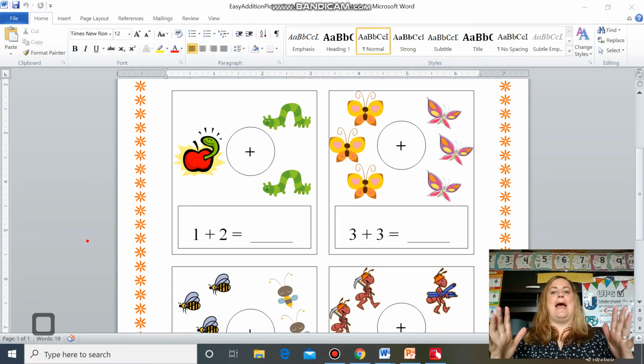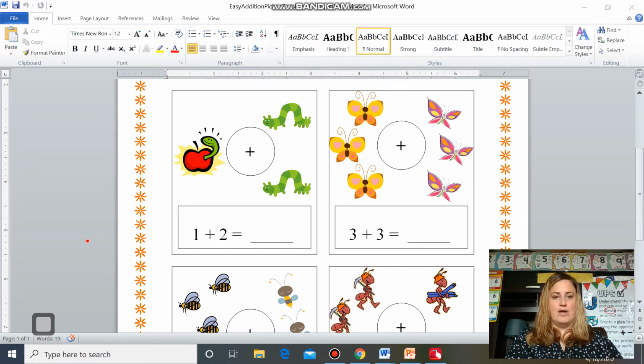So in order to add them together, we're going to count the objects all together. We're putting them together. That's what addition means. So I have 1, 2, 3. So my equation, 1 plus 2 equals, my sum is 3.